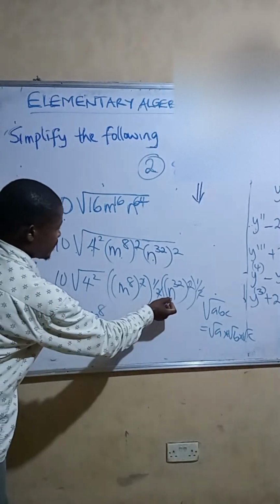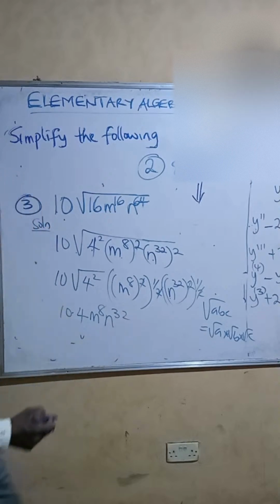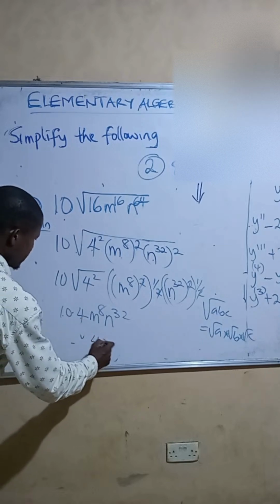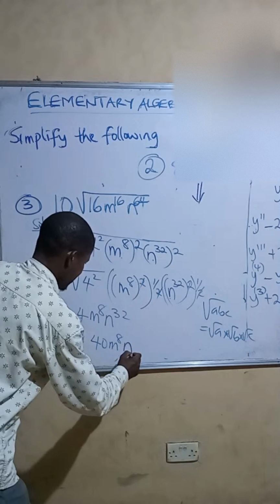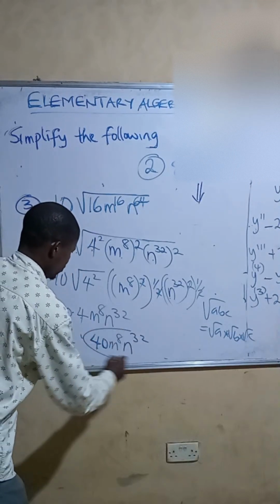Then we have this one also, n^32. So that will be 10 times 4. That's 40 m^8, and then n^32. So that's that on this question.